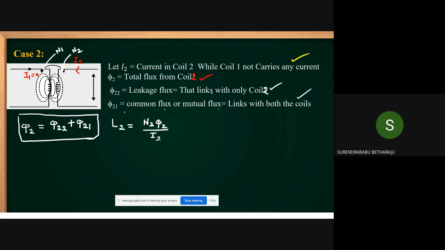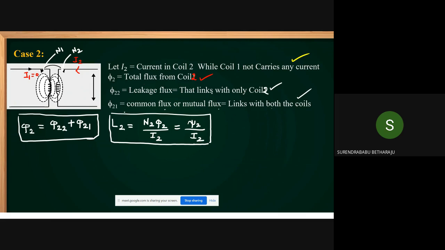Is it correct, students? This is equal to psi 2 by I2, because coil 2 is carrying the current. That's why we are defining the self-inductance of coil 2.